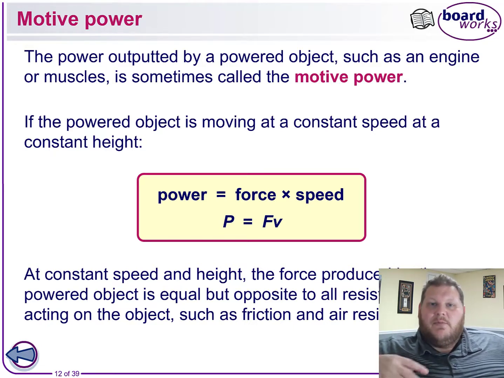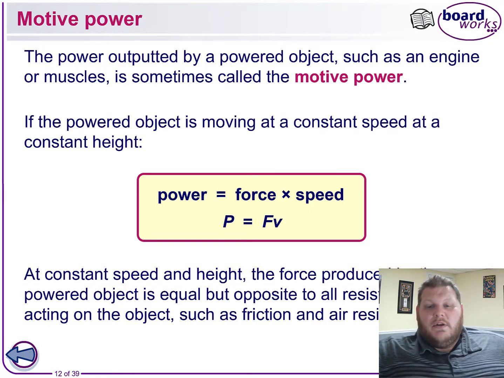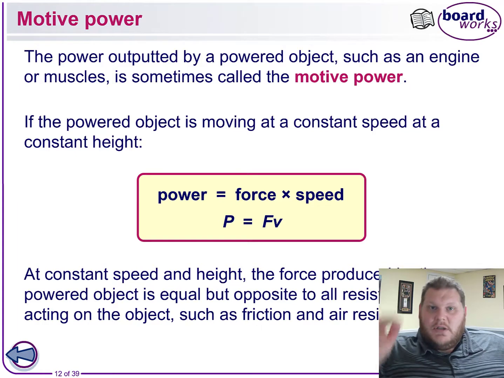If we're in a balanced system with no change in velocity, we're not accelerating at all, then those forces have to be balanced, because we know if we have an unbalanced force, it's going to cause an acceleration. So here, if we're at a constant speed without changing the height, meaning there's no acceleration happening, then the force that it's exerting has to be equal and opposite to whatever forces are acting on it, whether that's gravity, friction, air resistance, whatever it is.